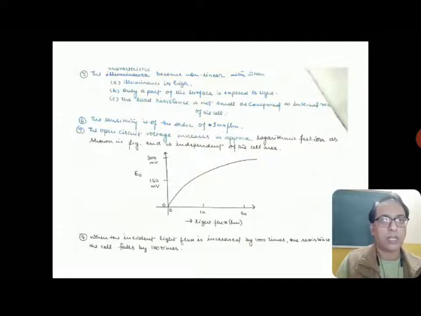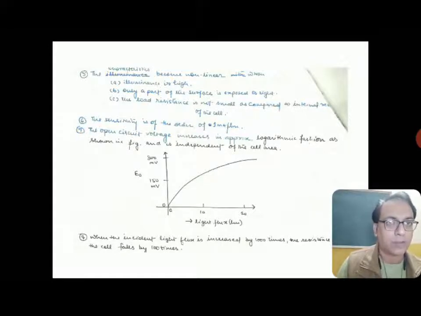The sensitivity of this photovoltaic transducer is on the order of 1 milliampere per lumen. The open circuit voltage increases logarithmically as shown in the figure, and is independent of the cell area. As you increase the light flux, the open circuit voltage increases logarithmically.